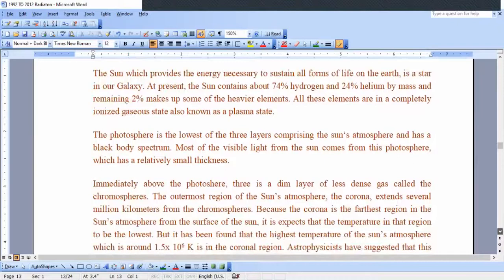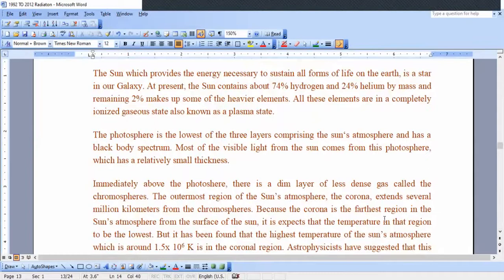Immediately above the photosphere, there is a dim layer of less dense gas called the chromosphere. The outermost region of the sun's atmosphere, the corona, extends several million kilometers from the chromosphere.